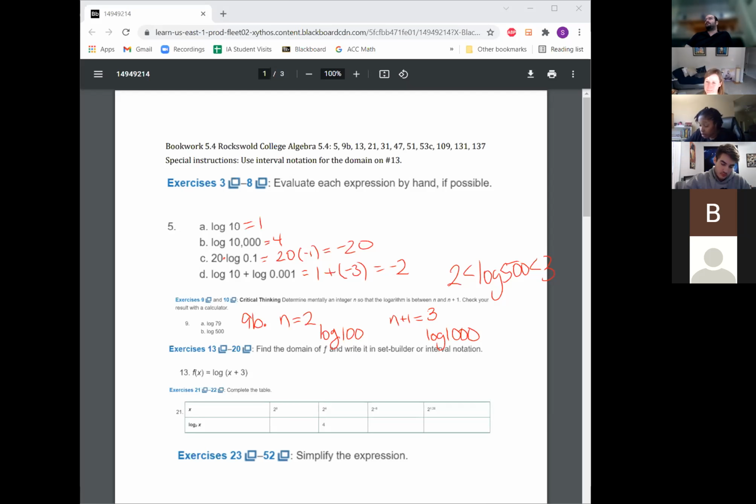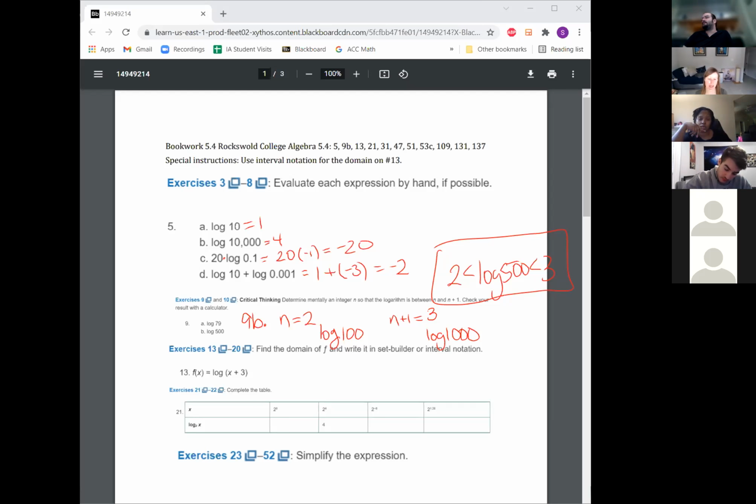How would you write this out? Like the answer? Oh, I wrote it right here. Okay. Log 500 is between 2 and 3. Yeah. All right. How can we solve the log 500 manually without using a calculator? Well, we wouldn't be able to solve it exactly.